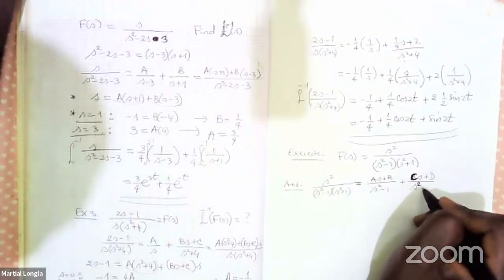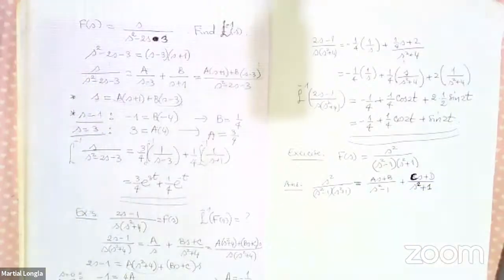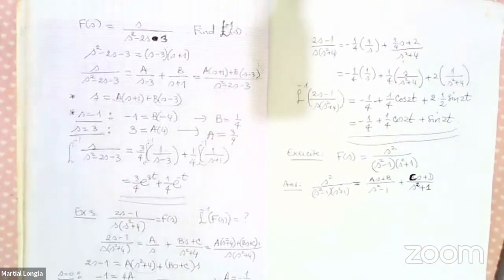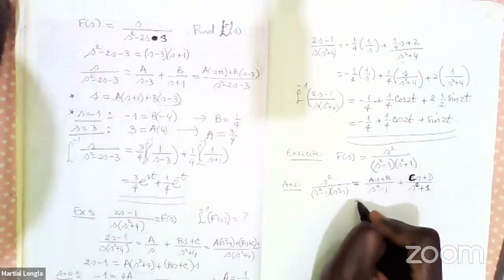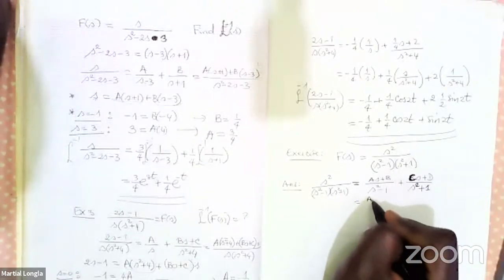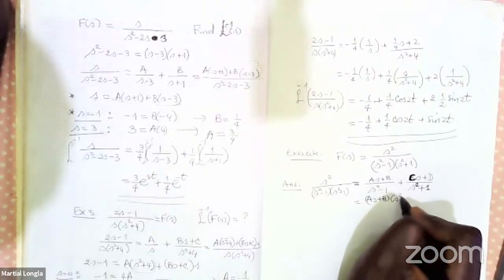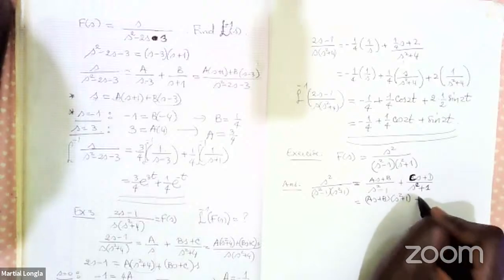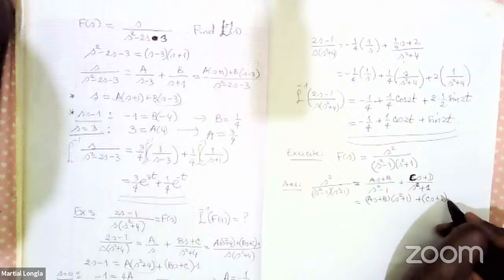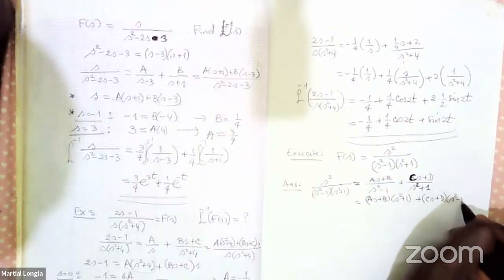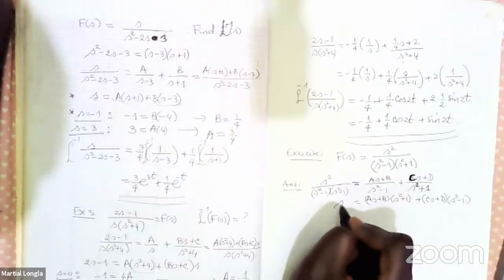But, you know, that's where it starts. And then you go to common denominator, as you were saying. (as plus b) times (s squared plus 1) plus (cs plus d) times (s squared minus 1) equals s squared.